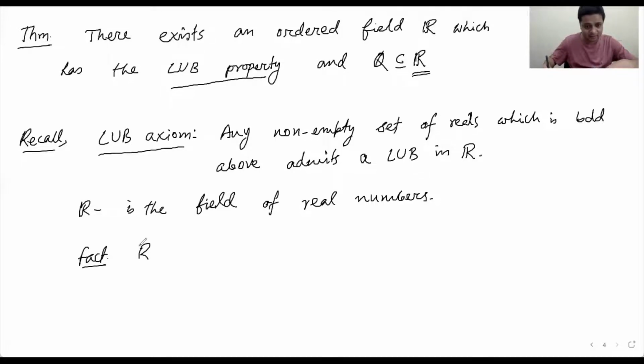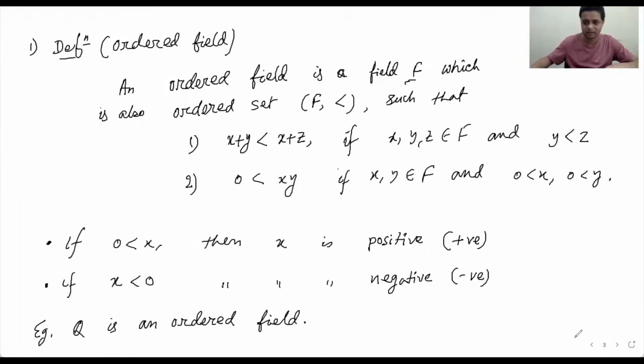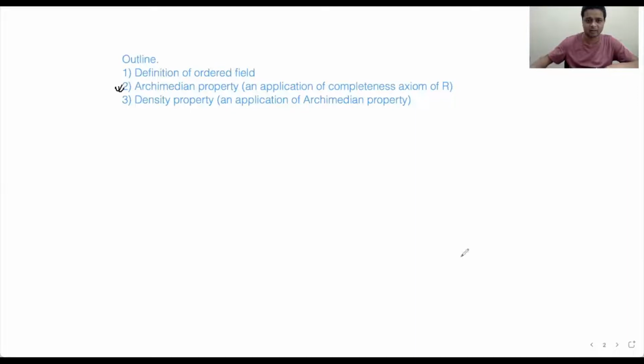R is an ordered field with the LUB property, or LUB axiom, or completeness property, containing Q. Okay, so now we move to the second item, the Archimedean property.